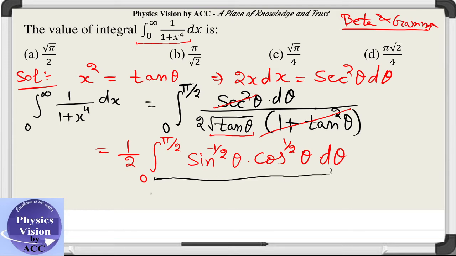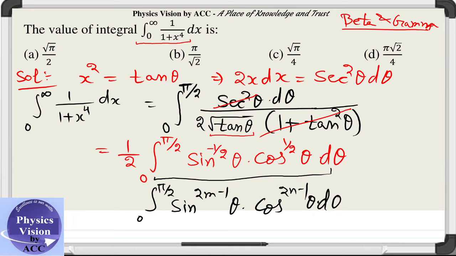Okay, this term in the integral is actually a function of beta and gamma. The integral of 0 to pi by 2 sine 2m minus 1 theta into cos 2n minus 1 theta d theta is actually 1 by 2 of beta m, n.